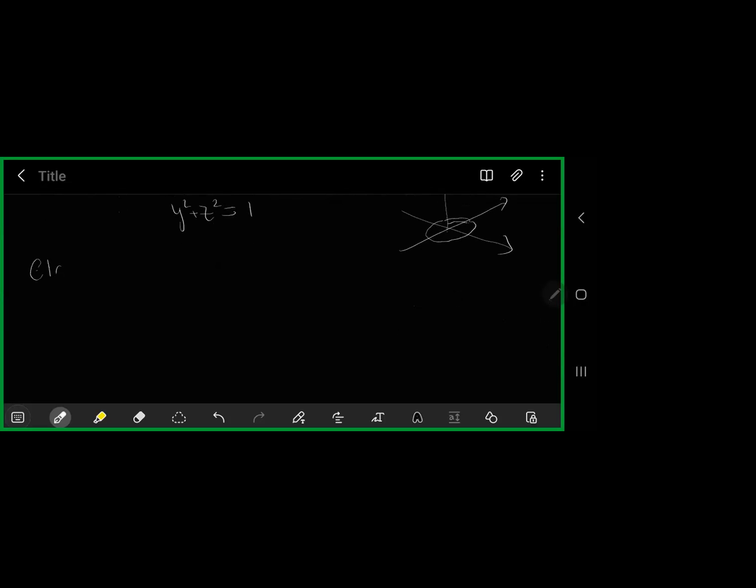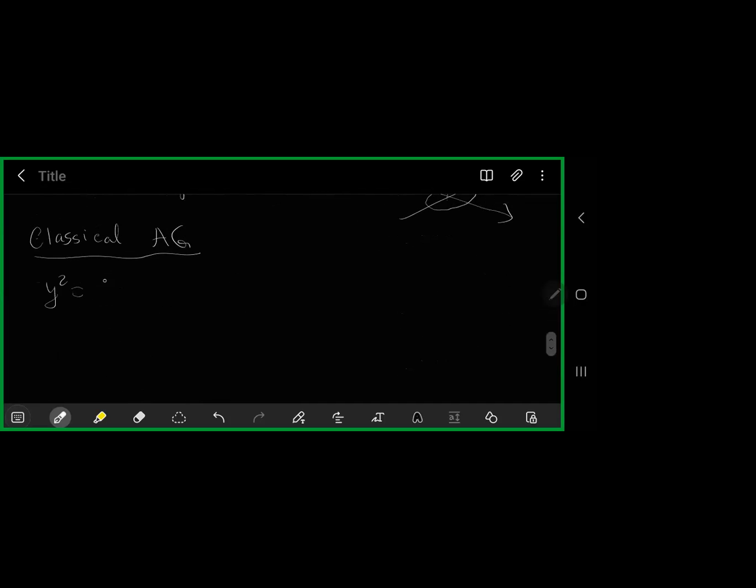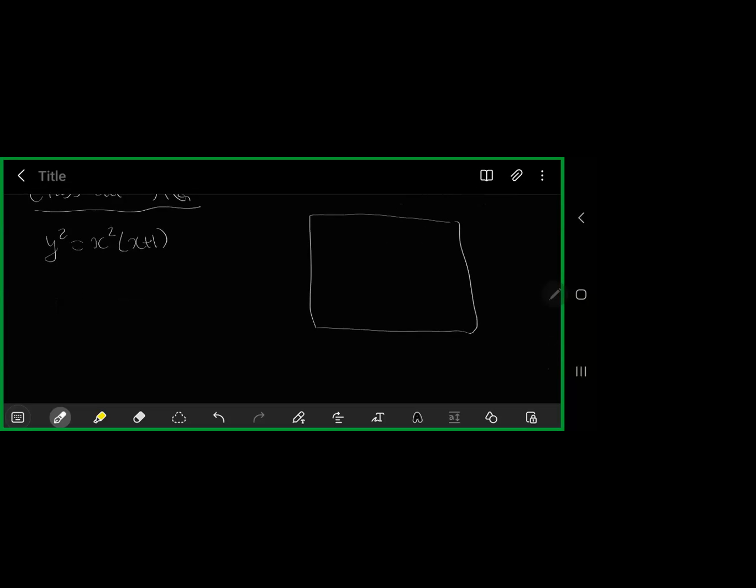In classical AG, I want to give some more interesting examples in the sense that they are not quadratic. So y squared equals x squared times x plus 1. In two variables, y and x, this is something on the plane, and it looks basically something like this.